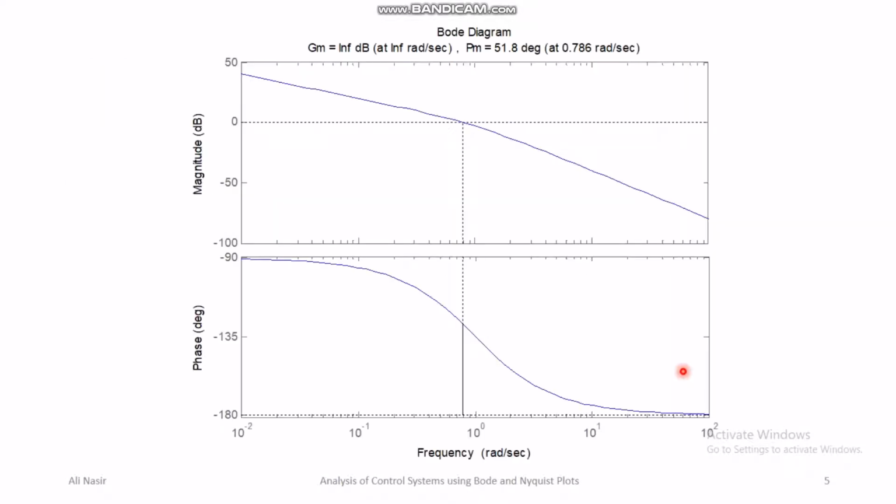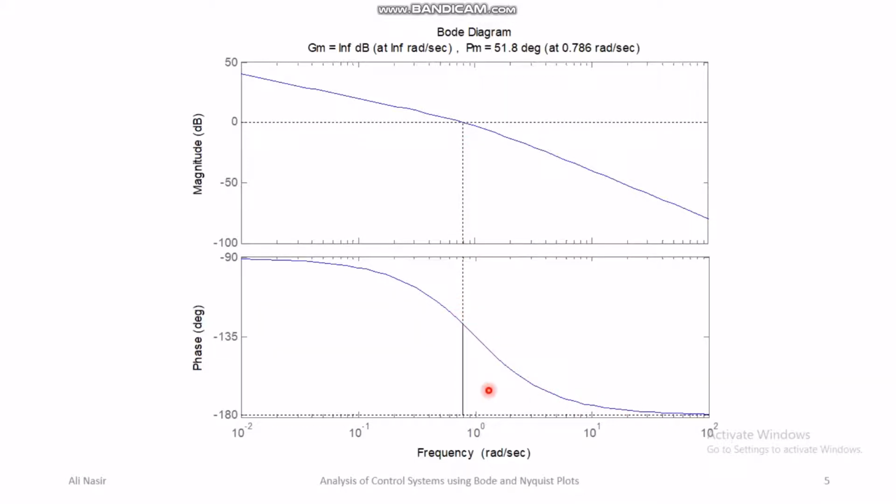So we look at this Bode plot, and you see that the gain is crossing 0 dB at a frequency slightly less than 1 radian per second. It is somewhere between 0.1 and 1 radian per second, and at this frequency the phase has still not crossed minus 180 degrees.